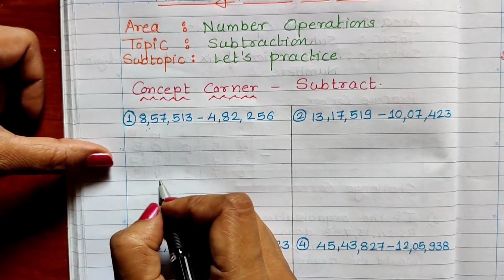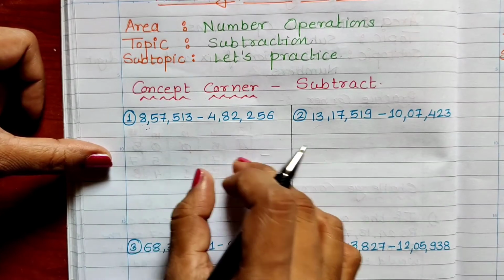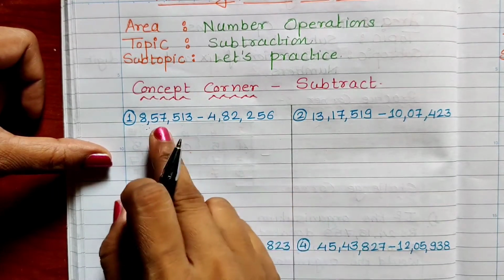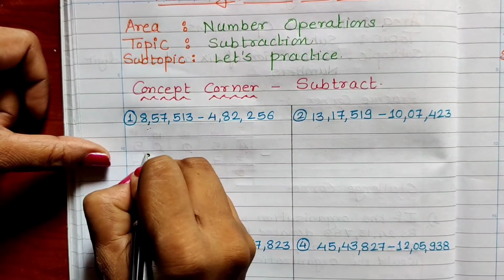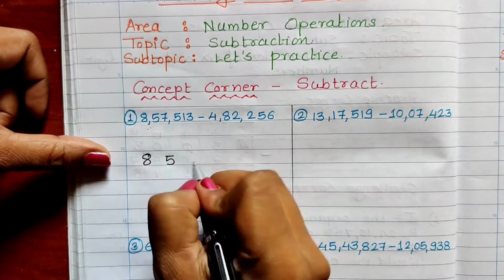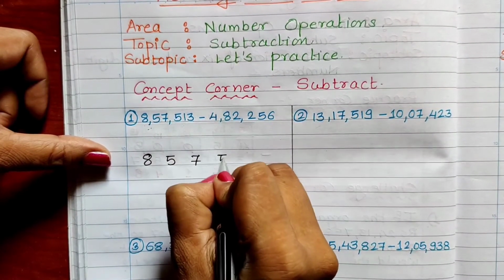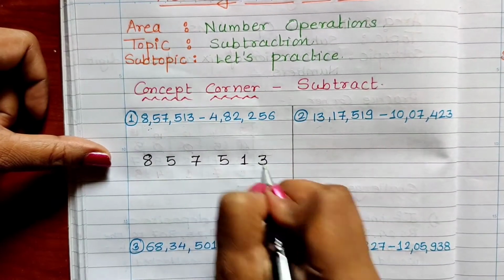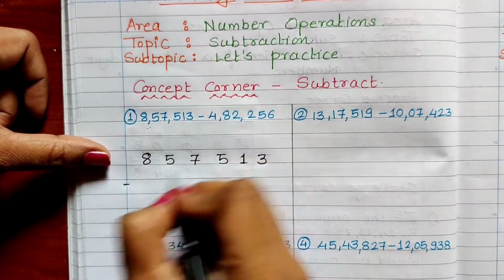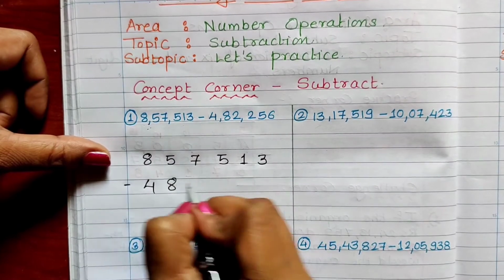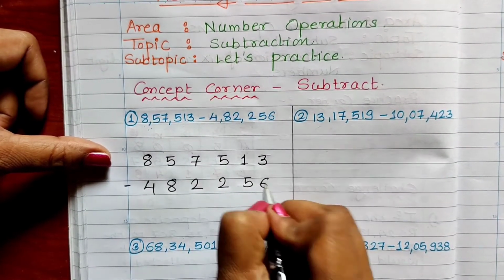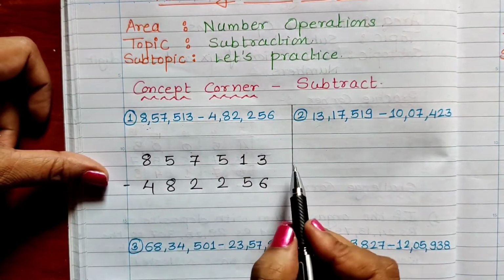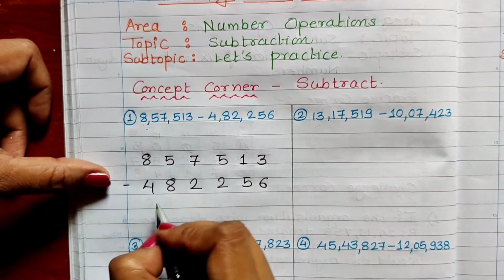Keep the space between the numbers so we can write the borrowing numbers very properly. So the numbers 8, 5, 7, 5, 1, 3 minus 4, 8, 2, 2, 5, 6. Both the numbers are having the same number of digits, so you can write one below other.